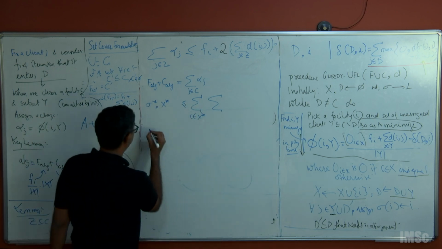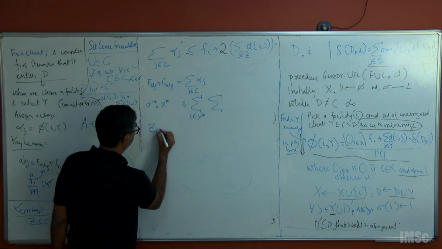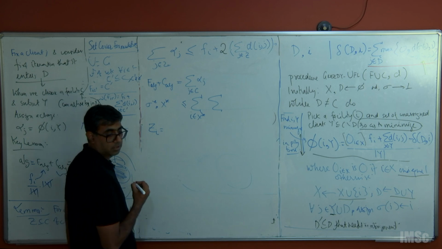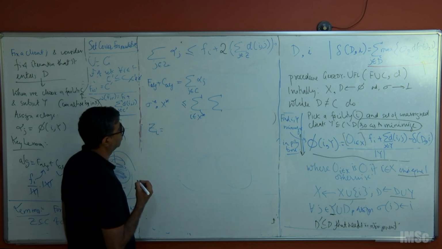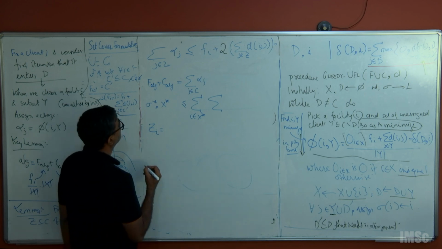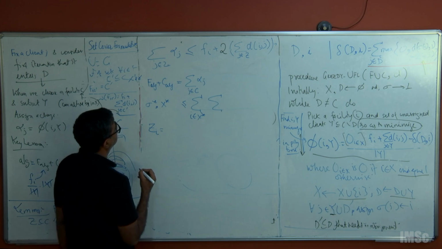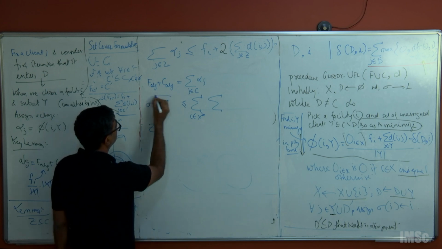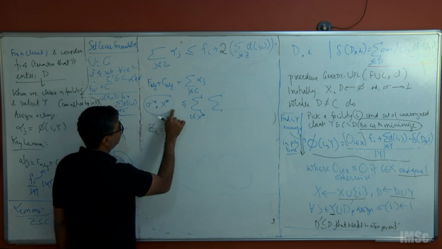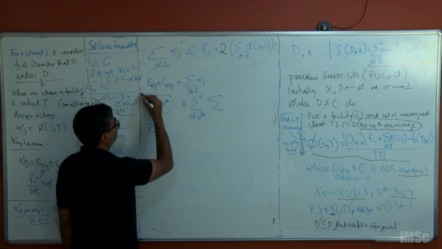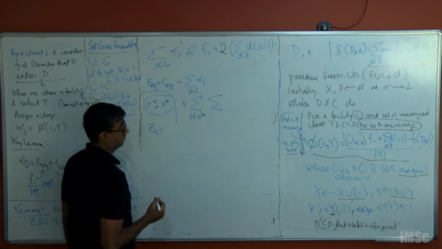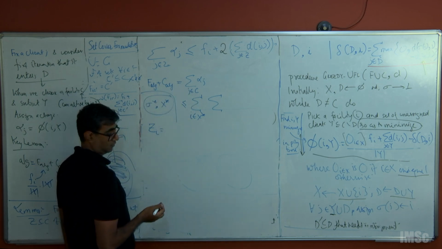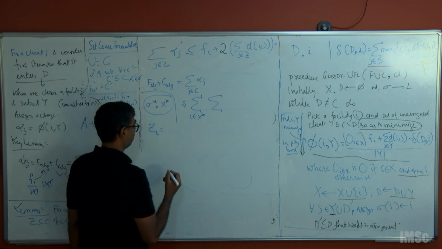Okay. So now I define what is Zi. This is nothing to do with the earlier inequality; it is based on this that I am defining. Then it is fine.